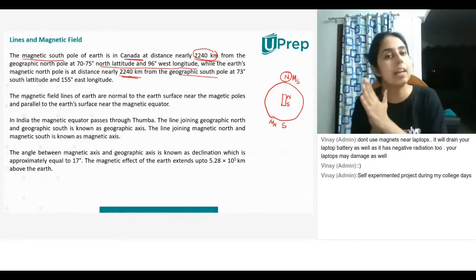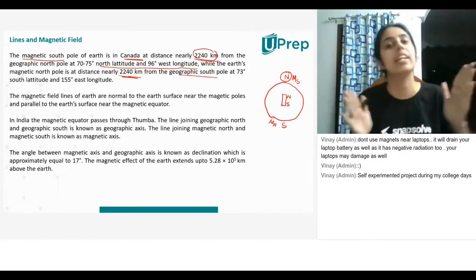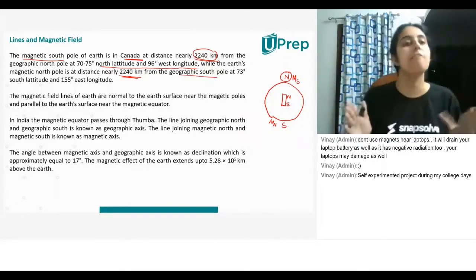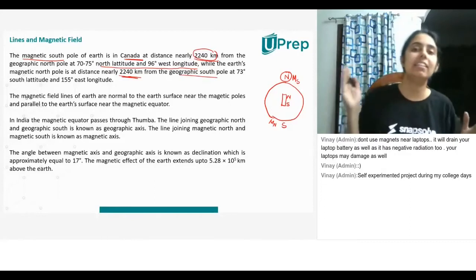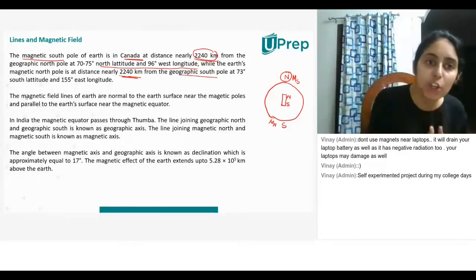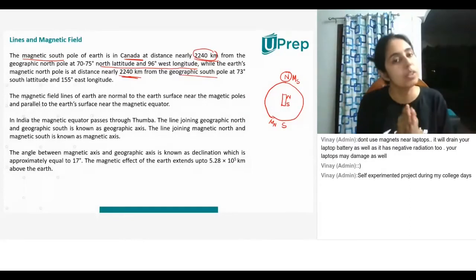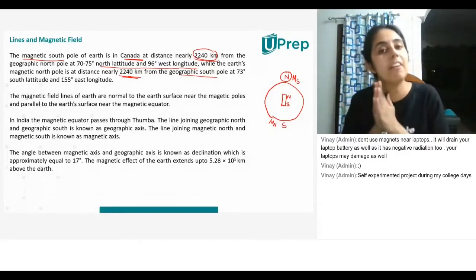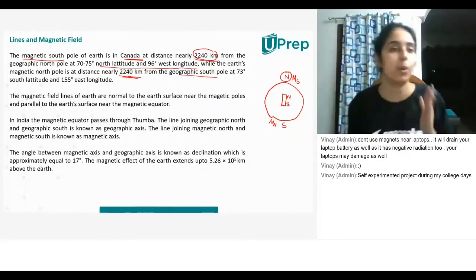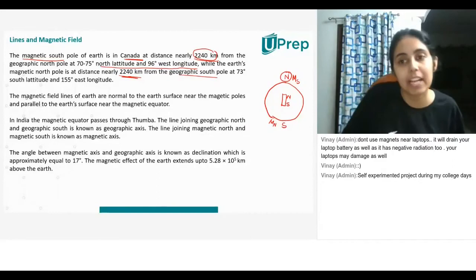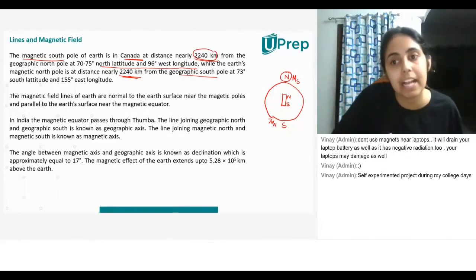The magnetic south is 2,240 kilometers away from the North Pole, and the magnetic North Pole is 2,240 kilometers away from the geographic South Pole.